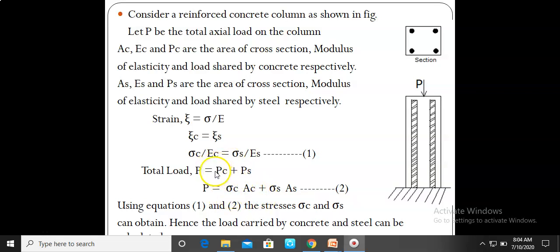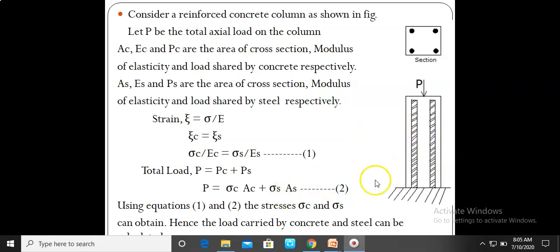Stress equals load by area, therefore force equals stress into area. P is equal to sigma C into AC plus PS, that is sigma S into AS. So we know the area of the individual material, that is, the cross sectional area of concrete and the area of steel.